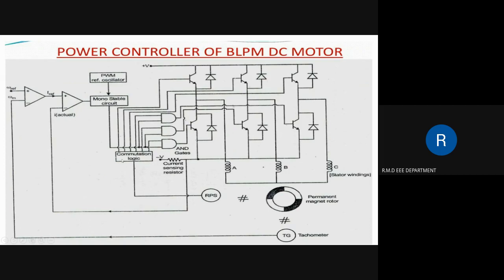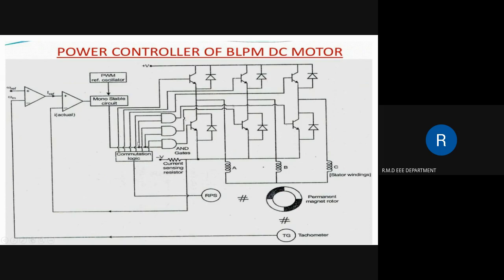The control unit consists of the commutation logic circuit, which gets information about the rotor position and decides which devices have to be turned on and turned off. Next comes the commutation logic circuit. This logic circuit has 6 output signals, of which 3 signals are used as the base drive for the upper leg of devices.